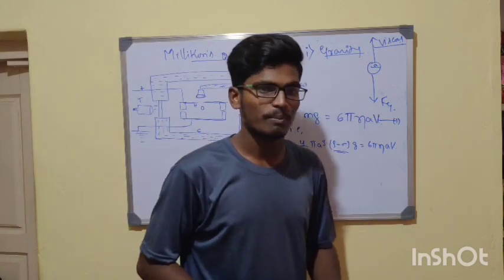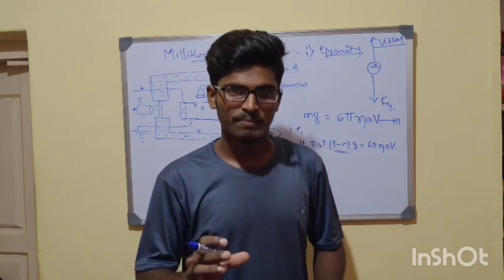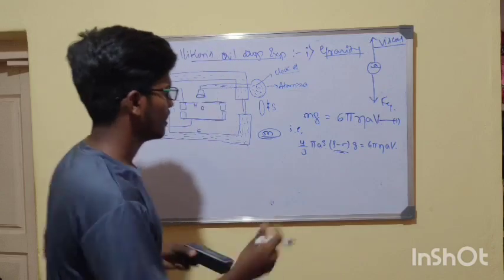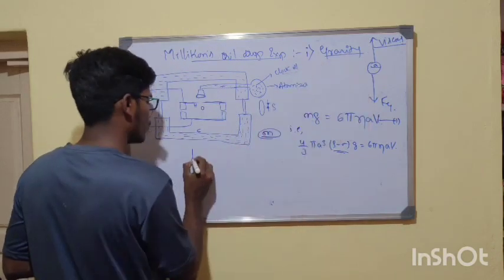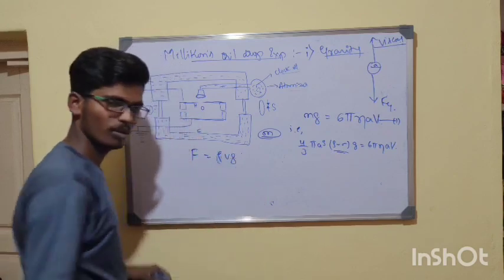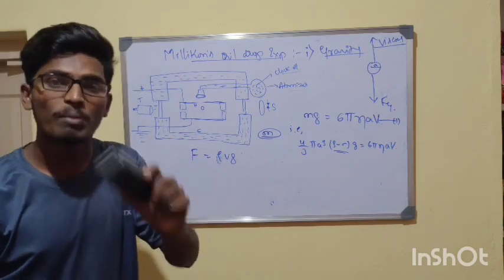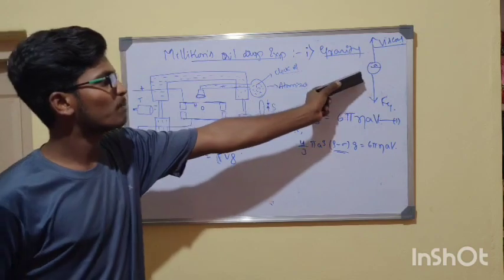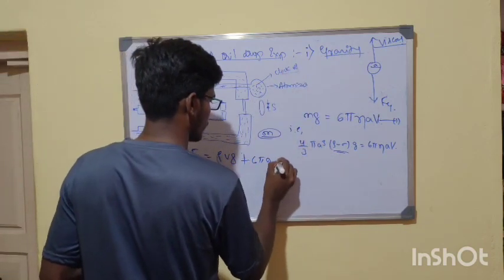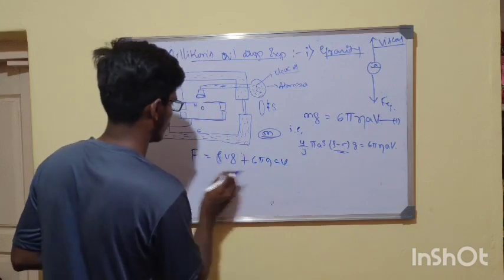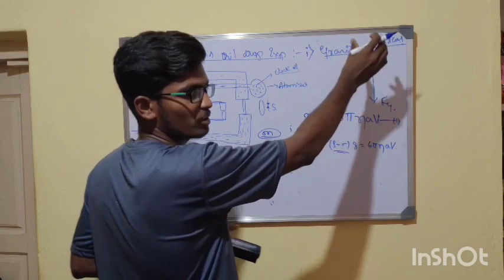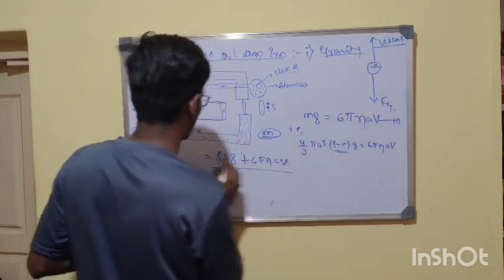You can say that the force of buoyancy also opposes the motion of that oil droplet, and that force is given by rho Vg. This is the force of buoyancy, which also opposes the motion of the oil droplet, plus the viscous force. Now these two are acting upward, opposite to the direction of mg.